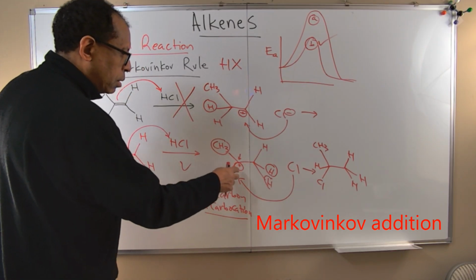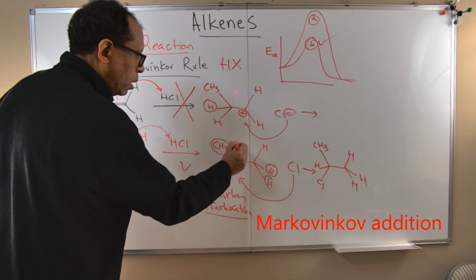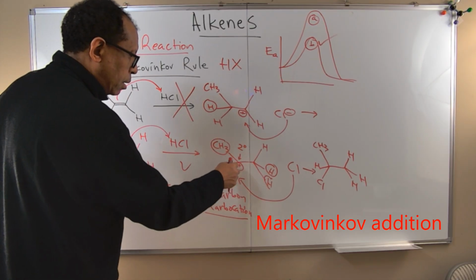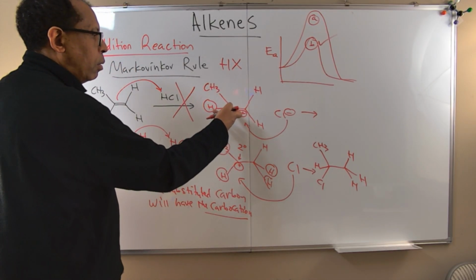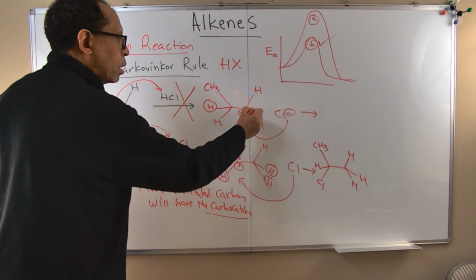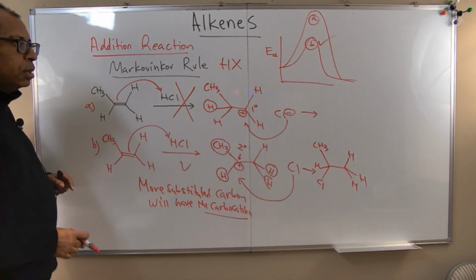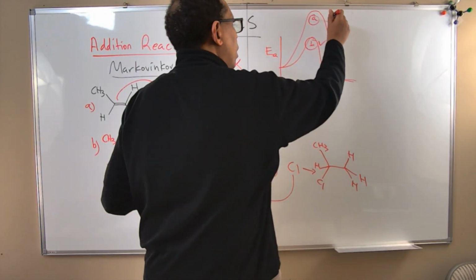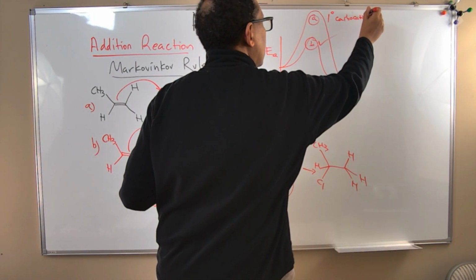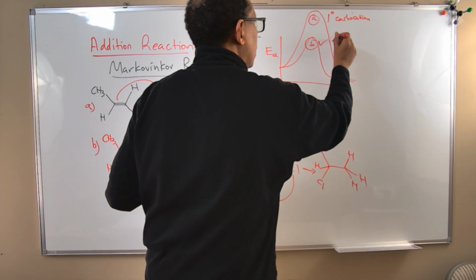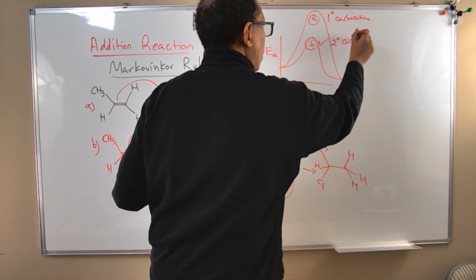For example, this is a secondary carbocation, because there are two carbons. This one has only one, so it's a primary carbocation. So A is a primary carbocation, but B goes through a secondary carbocation.